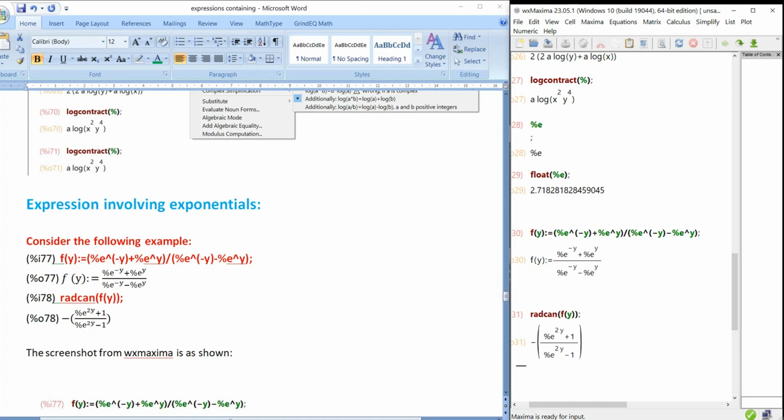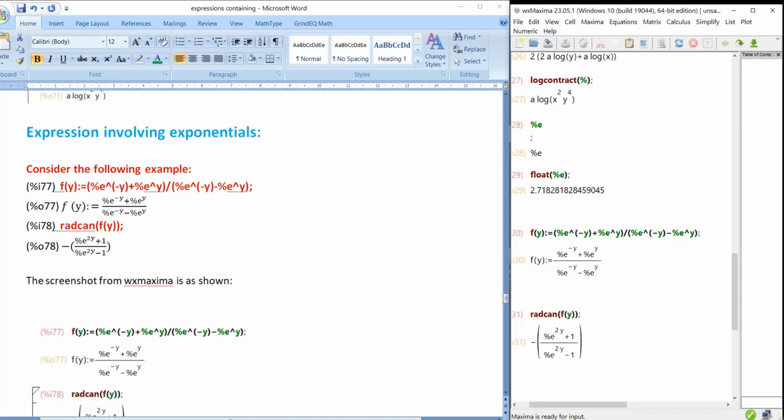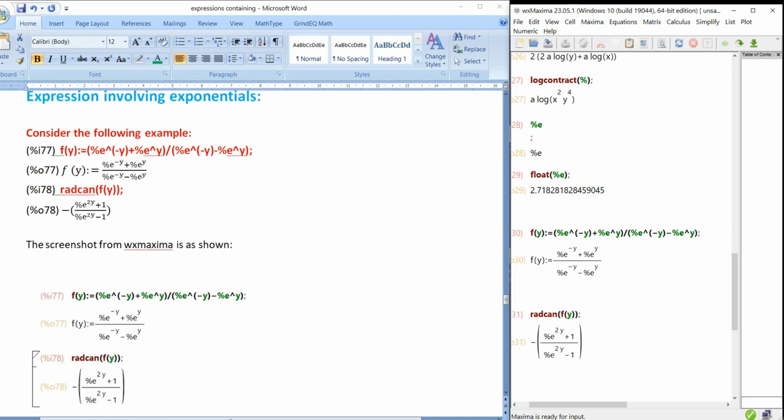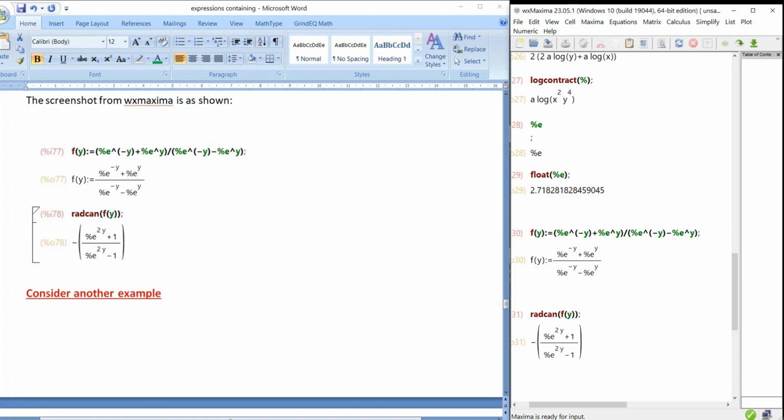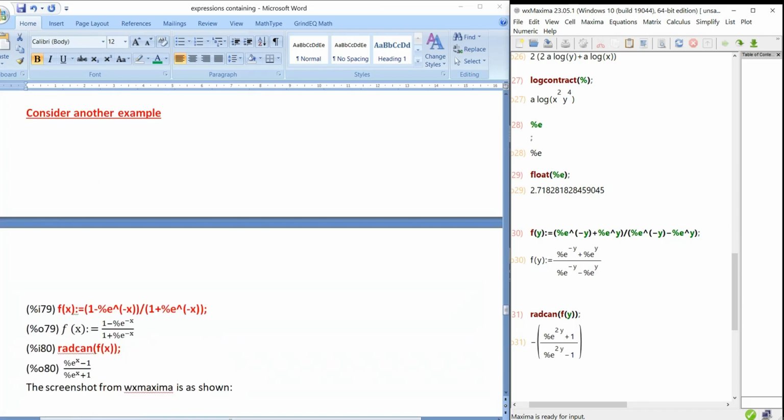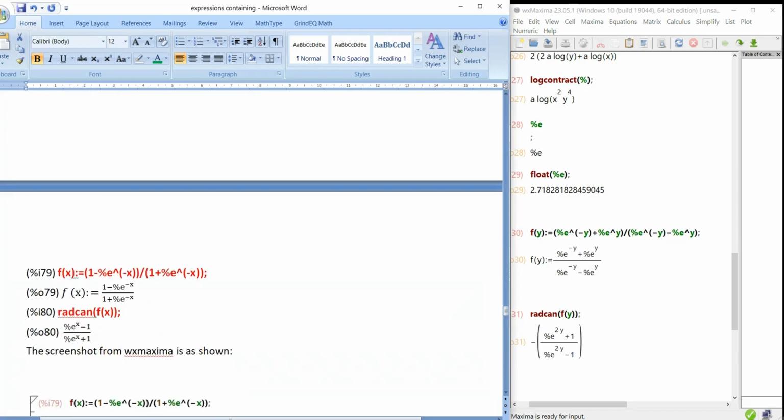Negative sign, percent e raised to the power 2y plus 1 upon percent e raised to the power 2y minus 1. Got it? Have you got the examples? Okay. This is the screenshot of the output. Let us consider other example also. Suppose this is the example that we deal with now.